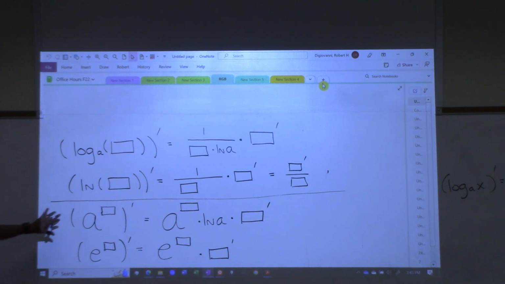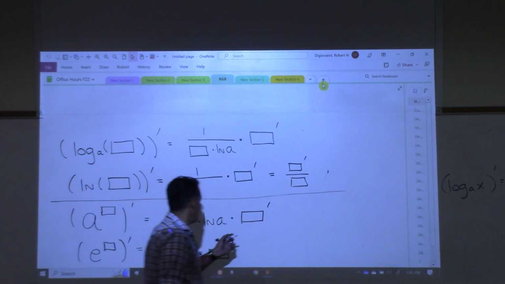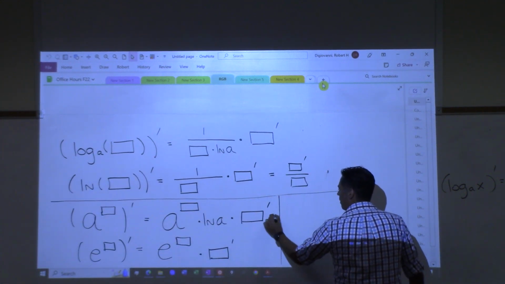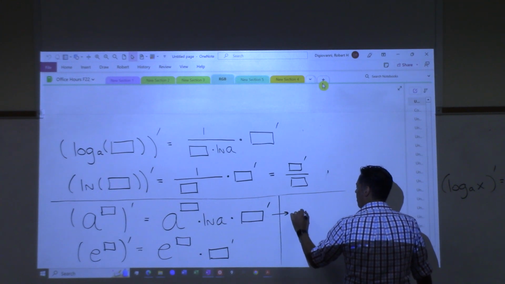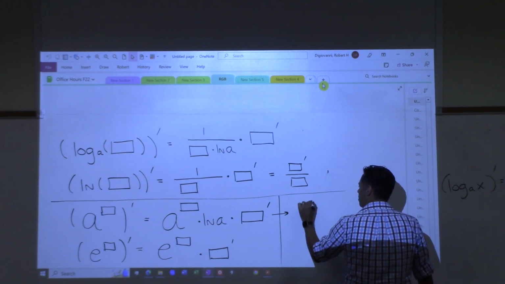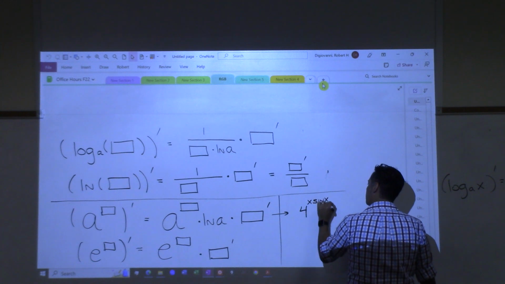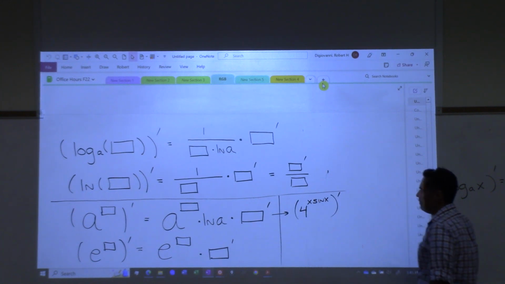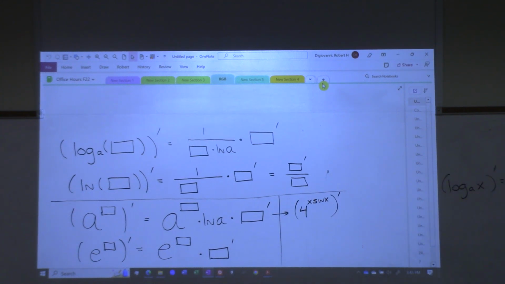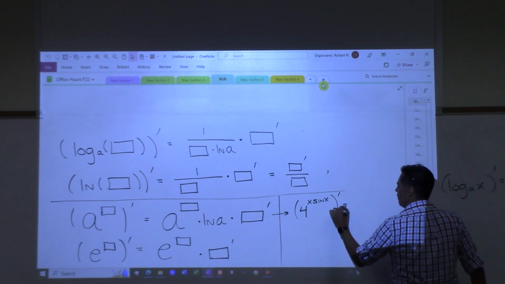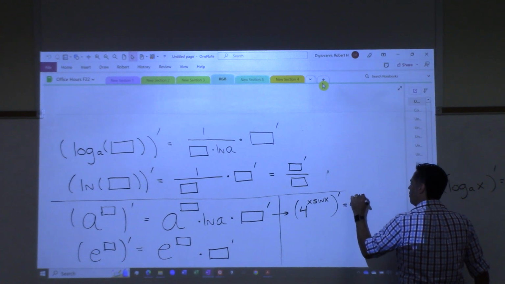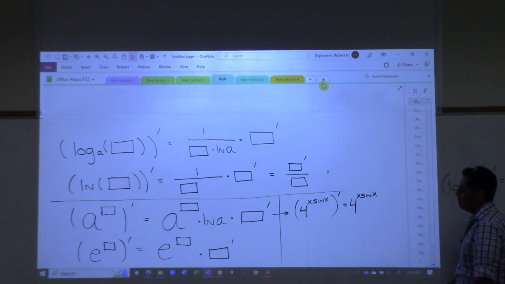Now, I hadn't done any examples of these harder ones, so let me just show you an example. Let's say we had 4 to the x sine x, and I want its derivative. Do y'all see that that's a to a box? The box is x sine x. So according to the formula, the derivative of this will be first itself, I just rewrite what it is.